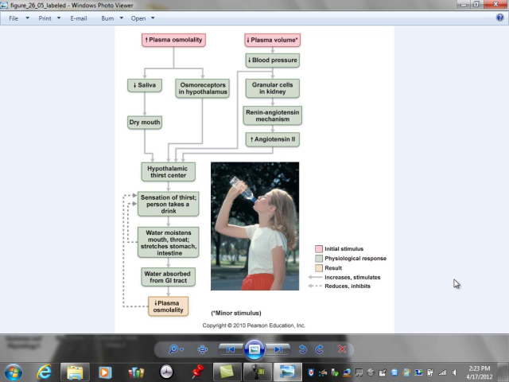So when I talk about plasma osmolality, what is that referring to? The concentration of dissolved substances in our liquids. And they create what we call osmolality.